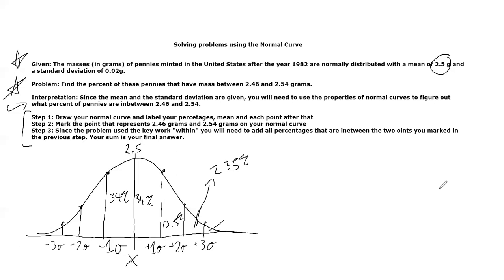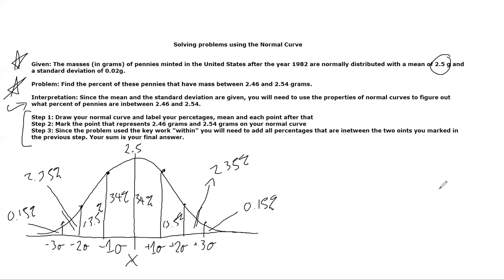And then this little section is going to be 0.15%. These are approximations. We're going to use these in class. 13.5, 2.35%, 0.15%.